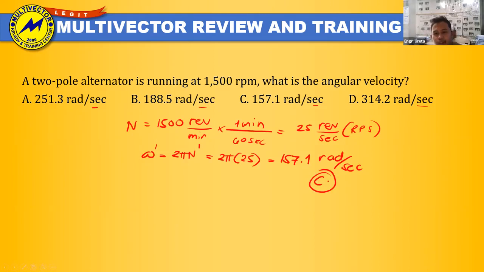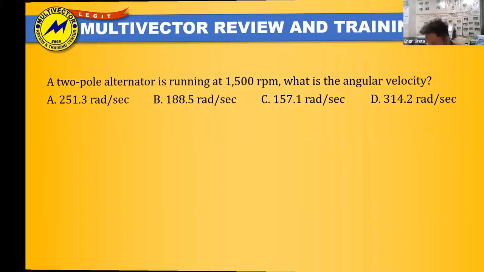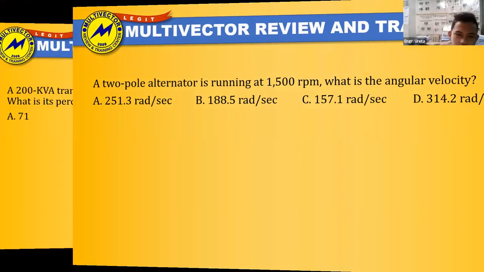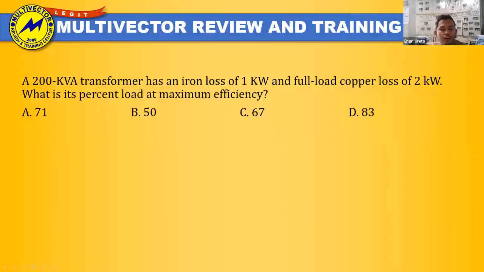The next problem is problem number 37. A 200 kVA transformer has an iron loss of 1 kilowatt and full load copper loss of 2 kilowatt. What is the percent load at maximum efficiency?